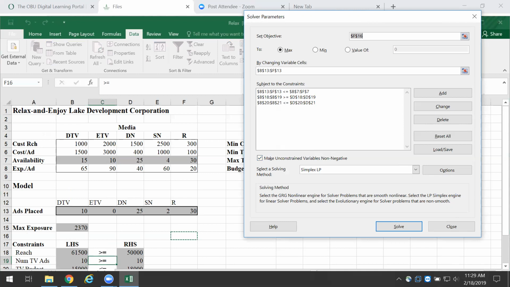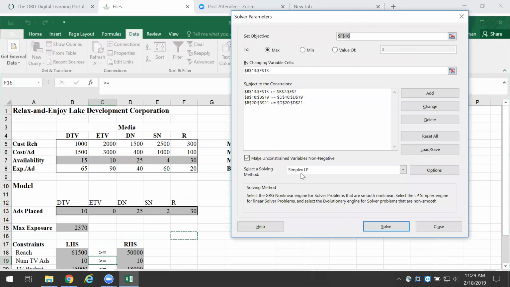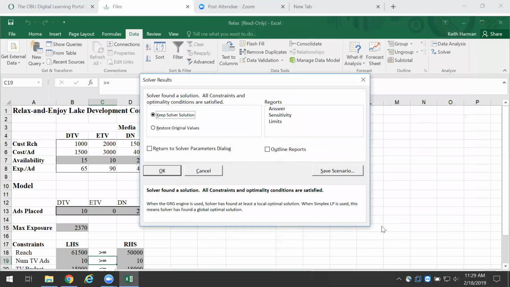Now, let's go ahead and click Solve, okay? And let's see, find my... there we go. And we get a solution.